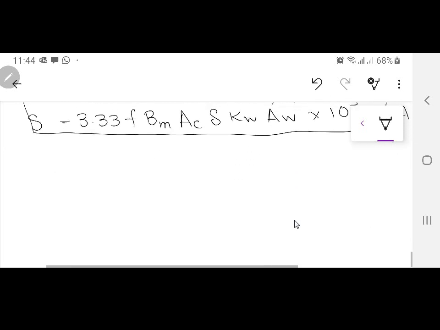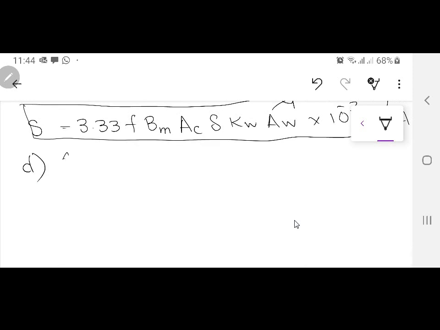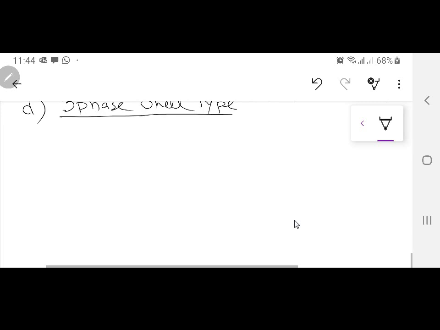And if you repeat this very same for a 3-phase shell type. Now for shell type, as we did in the last lecture also, your core is going to be something like this.